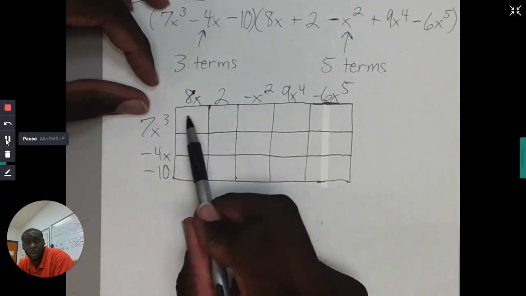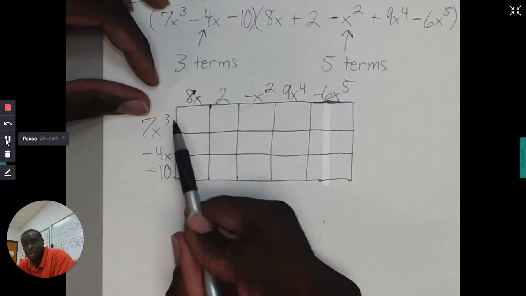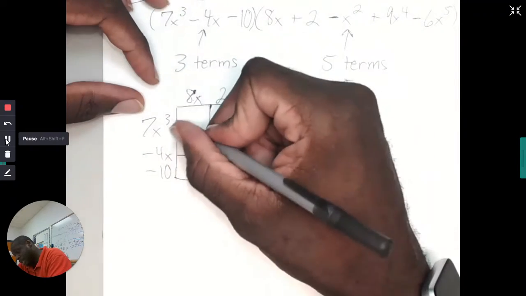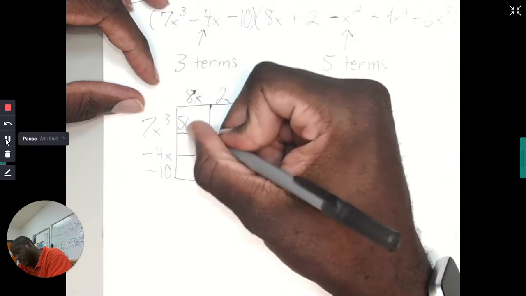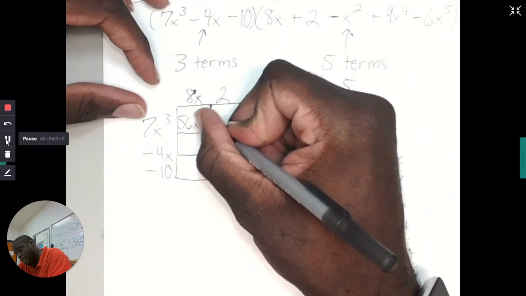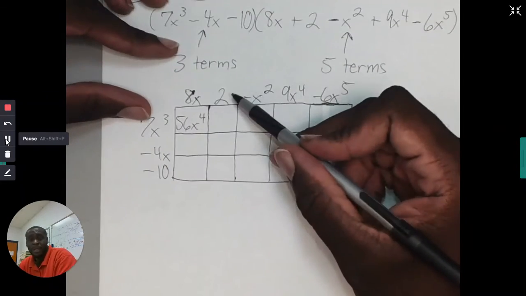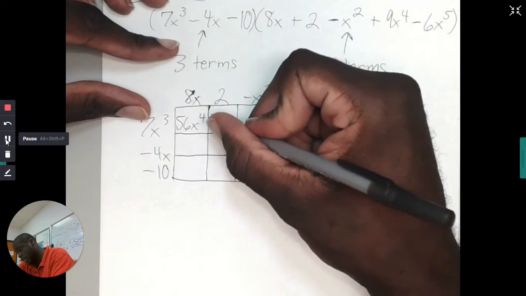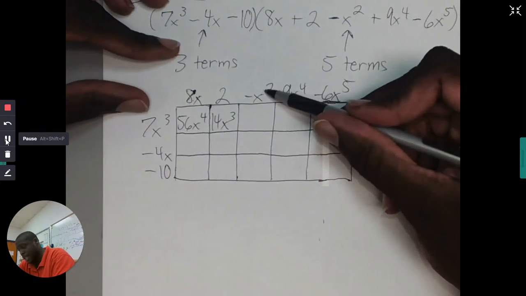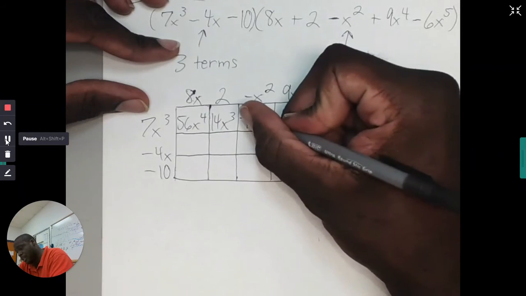I'm going to go ahead and do this whole top row. 7x to the 3rd times each one of these. So 7 times 8 is 56. Okay, when you put all the x's together, that winds up being x to the 4th. 7 times 2 gives you 14. There's only 3 x's here. 7 times negative 1, negative 7.